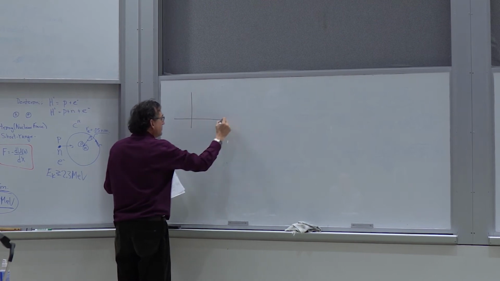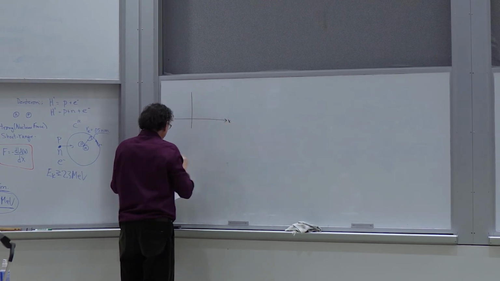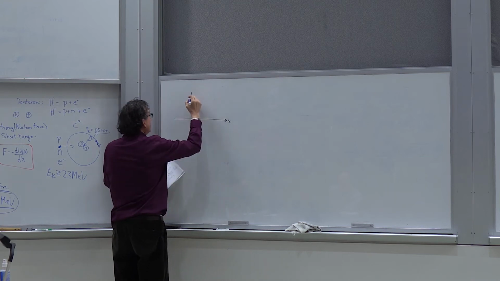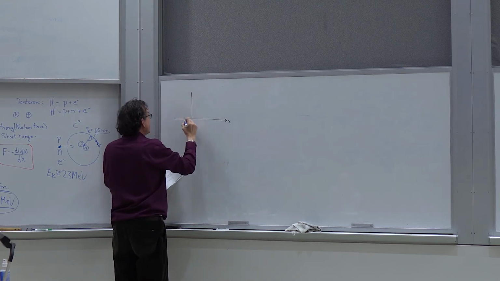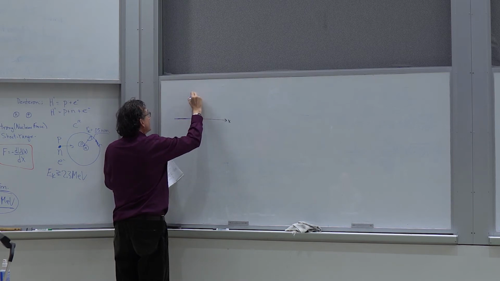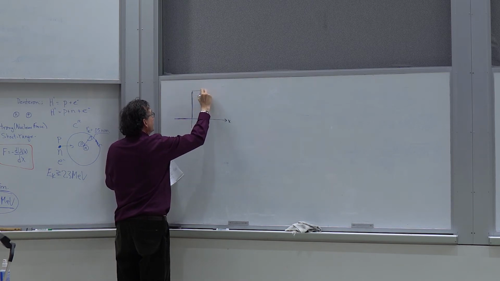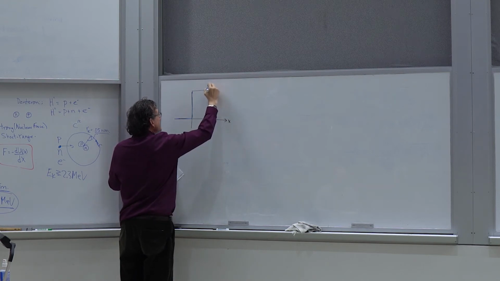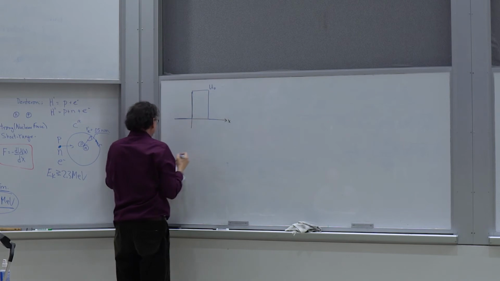So I draw my energy diagram, and the energy diagram is given by the potential. In this case, I'm going to take a potential which is equal to 0. It goes up to some value called U0, comes back down again, right? So this is U0.